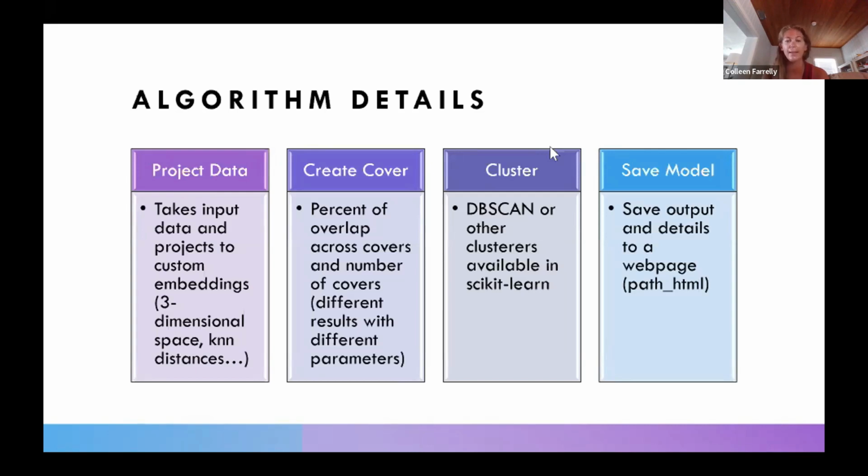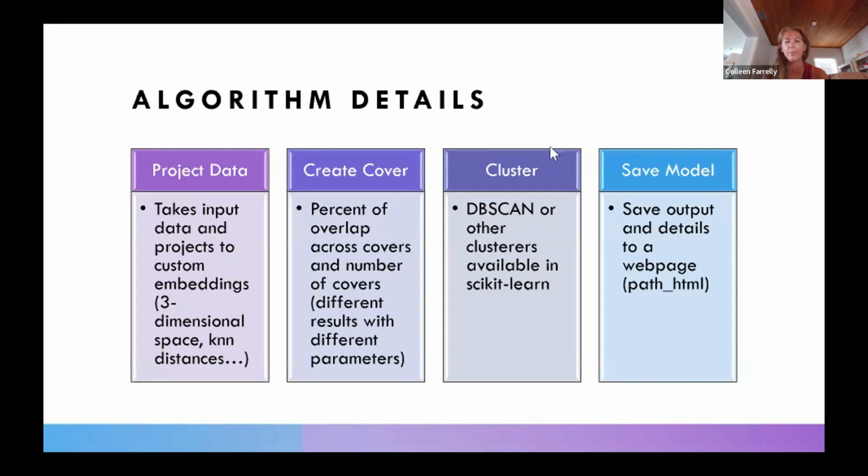You can think of this as if you were trying to cover your couch with different sets of blankets: how much do you want it to overlap? How many do you want there to be? You're going to get different covers covering your seat cushions or other stuff that you have on your sofa. You're going to have different results based on how you want to cover your sofa and how many blankets you're putting over it. It's the same way with data.